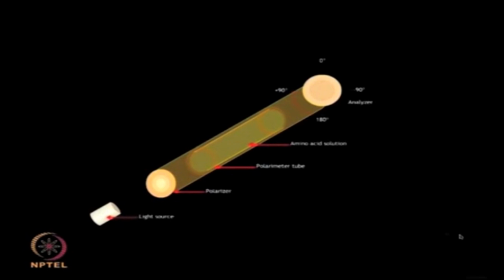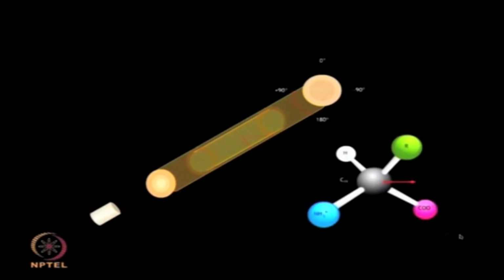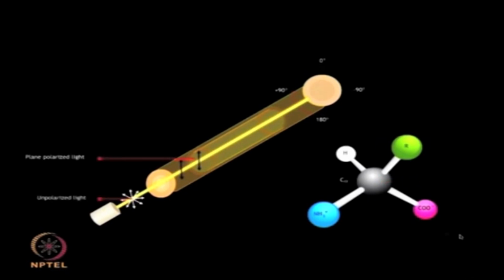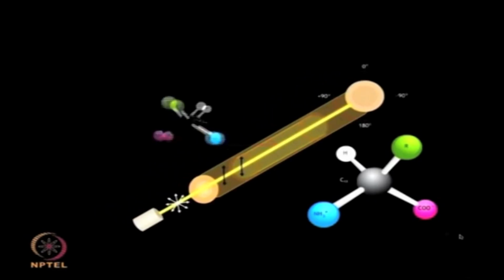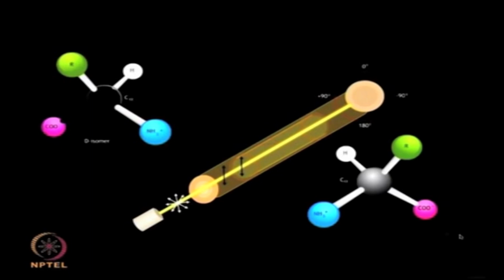All amino acids except glycine contain an asymmetric center that makes them chiral in nature, due to which they can rotate the plane of polarized light. The 2 enantiomers designated as D and L rotate the plane of polarization in opposite directions.